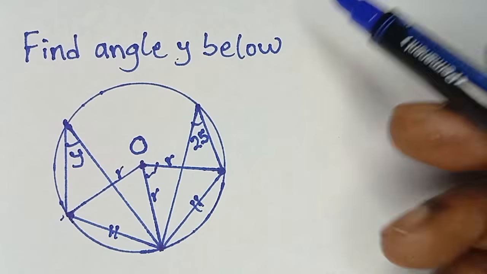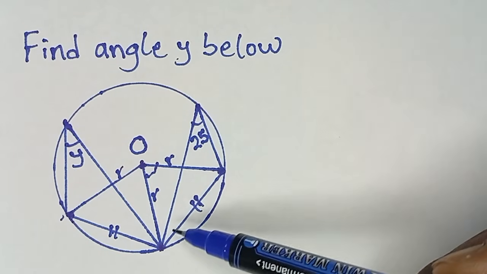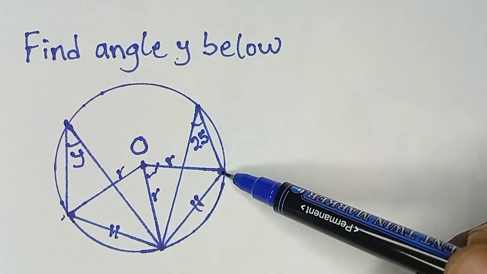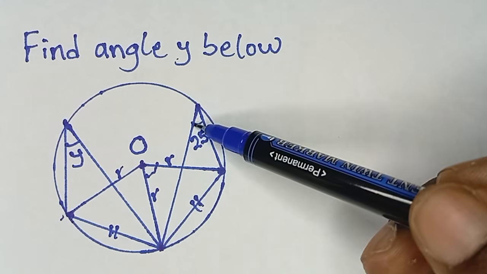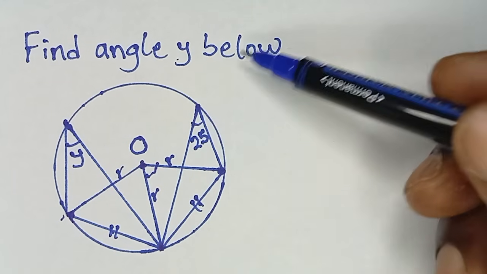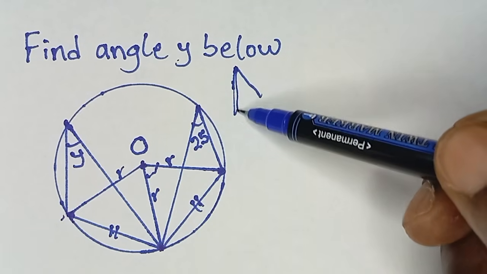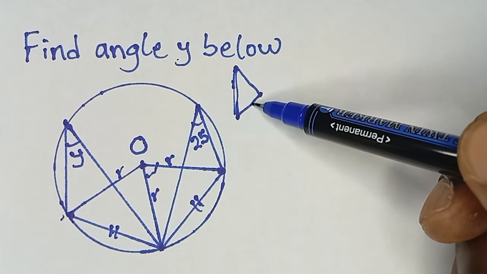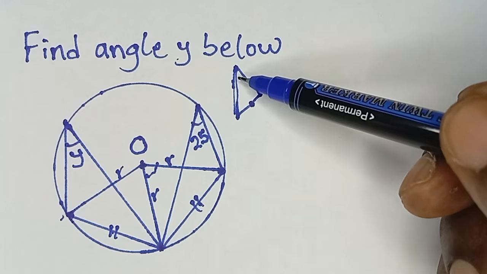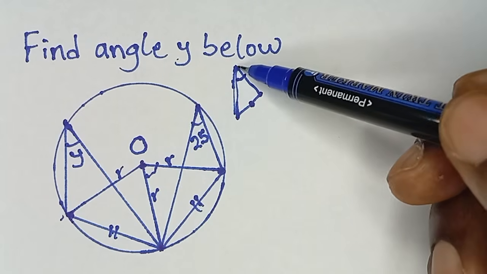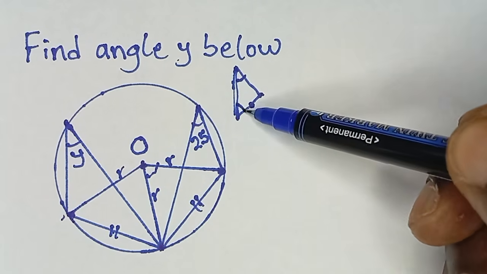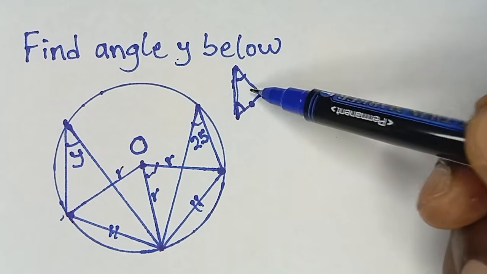The short method to just apply is to look at this chord here. This chord makes angle 25 at the circumference. Don't forget, if you have a triangle like this, for example, this line here has this angle, this line has this angle, and at the same time, this line here has this angle.